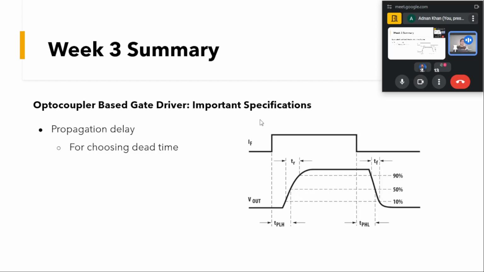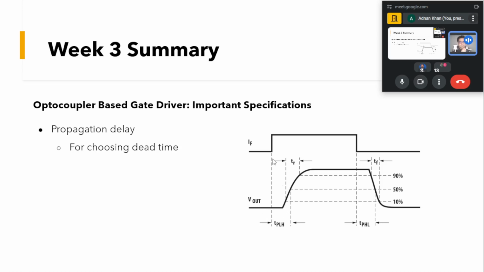Some other specifications of these gate drivers: if we have an optocoupler based gate driver and we are giving a pulse from the controller to the gate driver, there will be some propagation delay before the pulse reaches the gate driver.